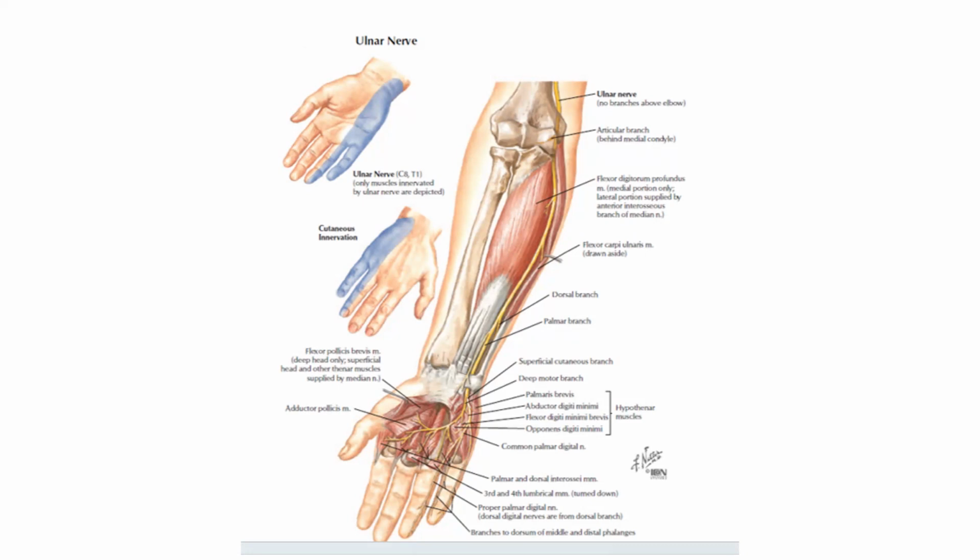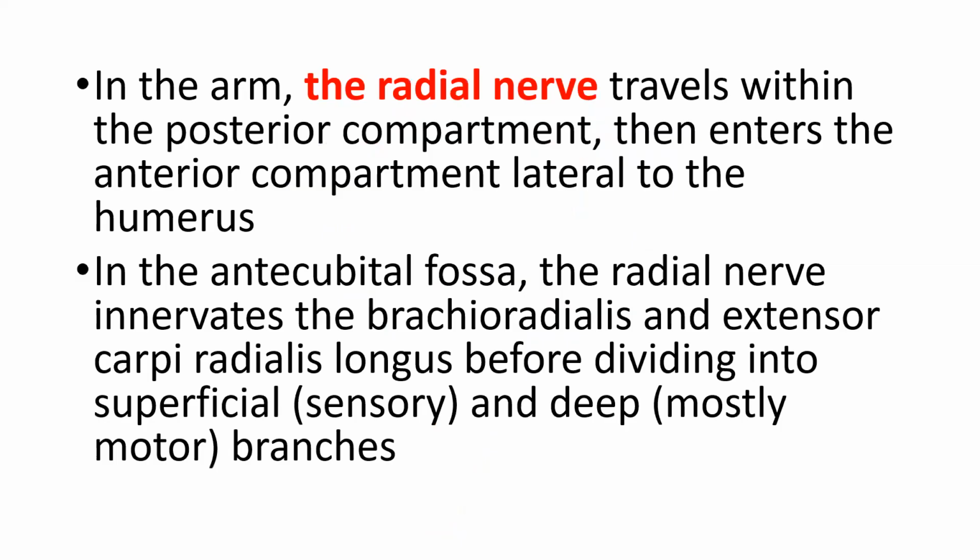In the arm, the radial nerve travels within the posterior compartment and then enters the anterior compartment lateral to the humerus.